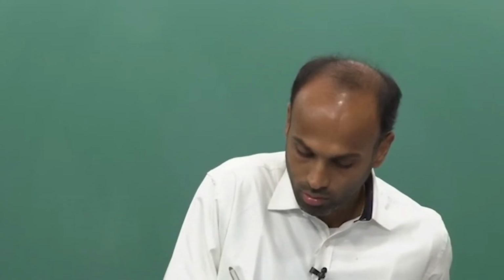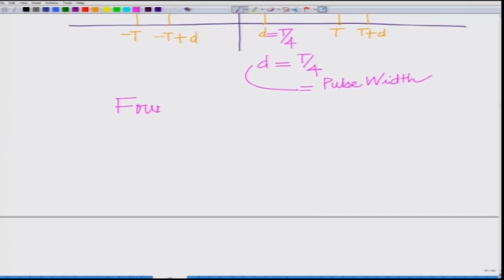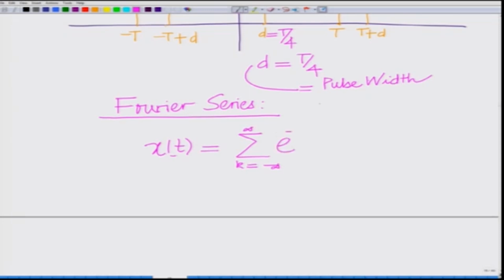So, let us compute the Fourier series for this periodic signal, and we have shown that any periodic signal x(t) with period T can be expressed as an infinite sum of complex sinusoids, that is, C_k e to the power of j 2 pi k f naught t, correct.